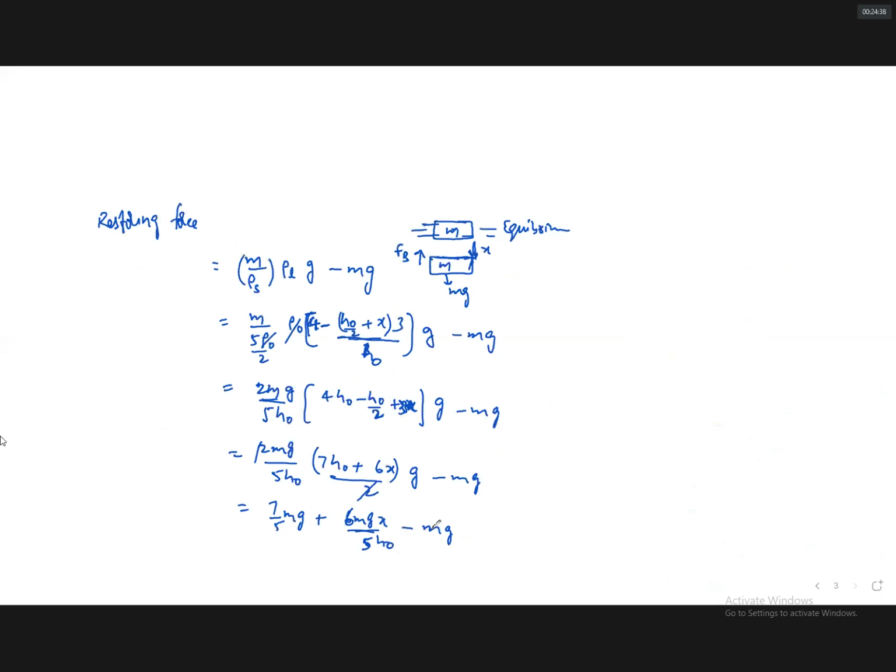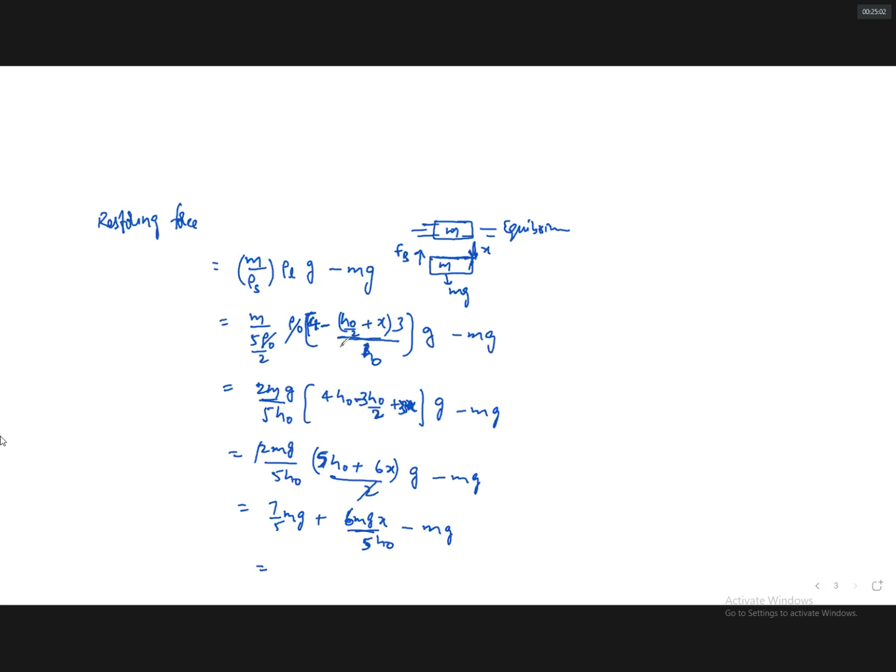Upon simplification, what we get here is 2 mg by 5, where we have 3 h naught by 2, 2 fours are 8, 5 h naught by 2. Here we have 5 h naught because we multiply with 3. So 2 into 4, 8 h naught minus 3 h naught by 2.